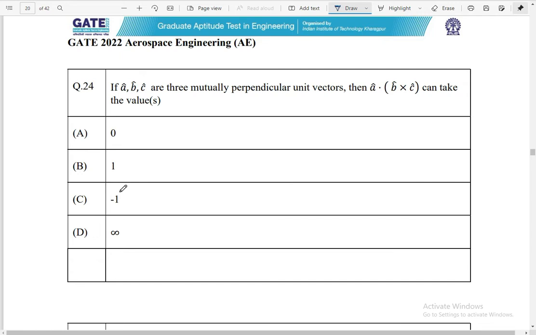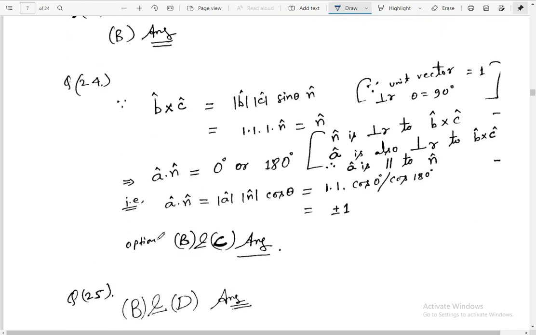For question number 24, if A, B, C are three mutually perpendicular unit vectors, then A dot B cross C can take which values. We can solve it like this. We have the formula B cross C is equal to BC sin theta times the unit vector n.